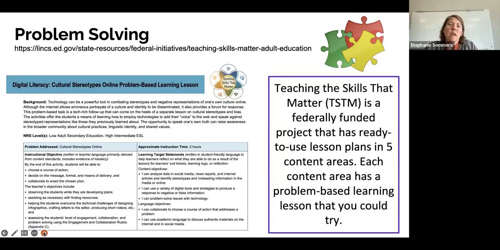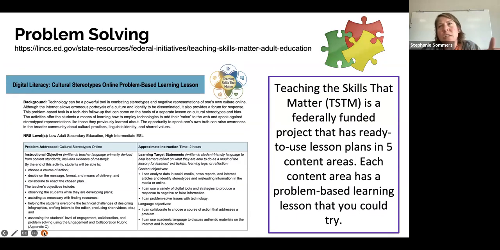All right. And then the final thing that I'll share, and I know that I've shared these resources before, is on the Links website, the Teaching Skills That Matter collection. This is a federal initiative that shares lesson plans that were developed in 5 content areas.